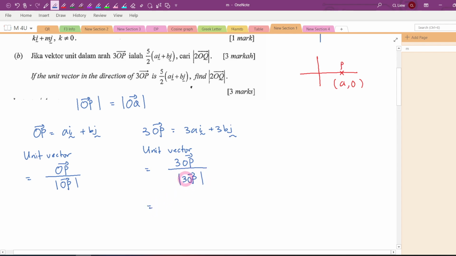The magnitude of 3OP is the same as 3 times the magnitude of OP, so when you simplify the 3, you still get the same thing. Since this is the unit vector of 3OP, it's the same as the unit vector of OP. And how do we get the unit vector? OP divided by the magnitude of OP is equal to this.